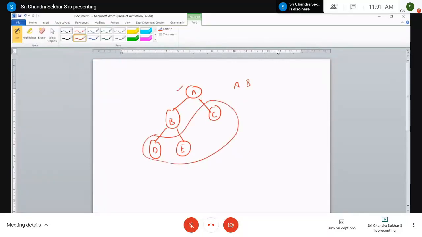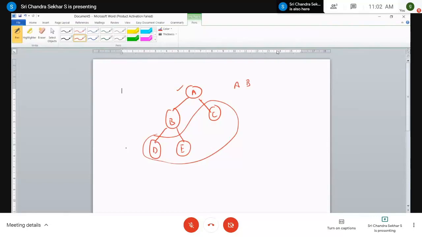But in order to make it a proper binary tree, we have to add one more condition in addition to the full binary tree, that every node should have 2 children other than the leaves. We have to add one more constraint saying that all the leaves should end at the same level, right?